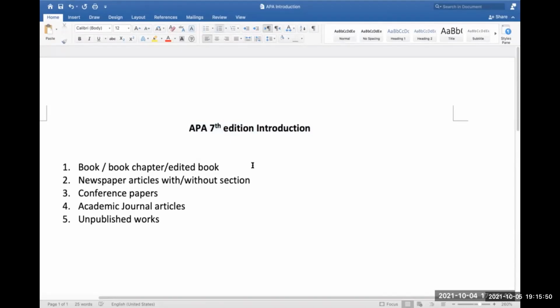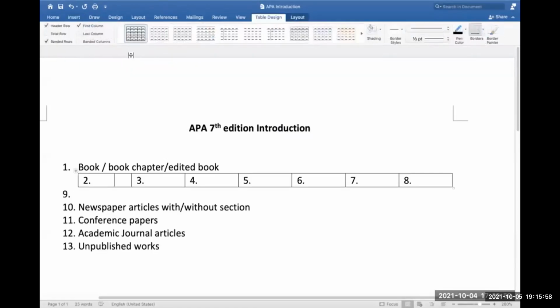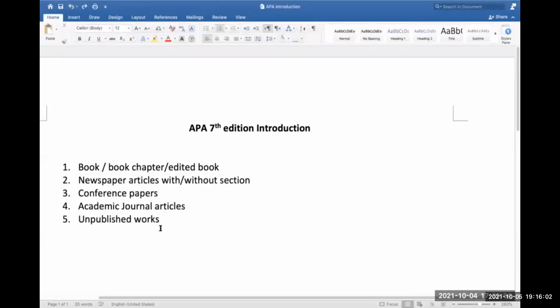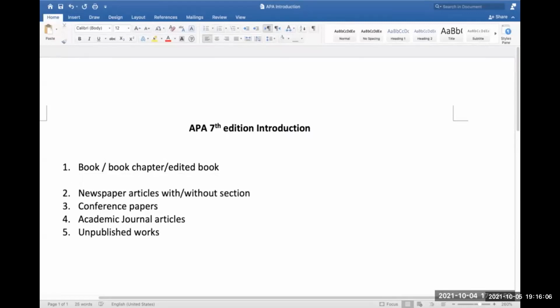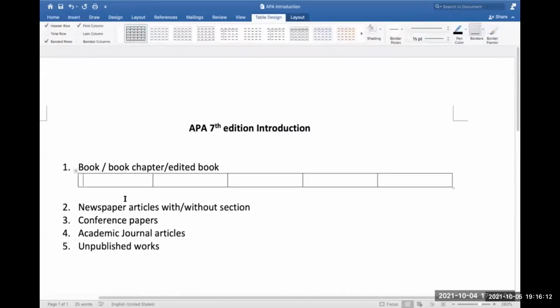All right, so let's do an insert. No, that's not what I want actually. How am I going to word this? All right, so let's insert. For a book, remember, this would be how we document a book in the reference list.